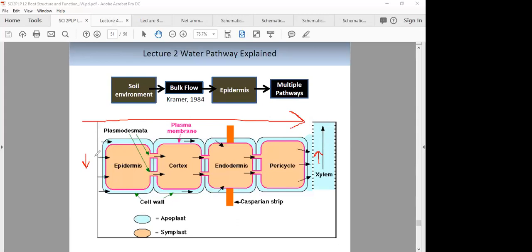All right, so let's look at the different pathways on this slide and on the next slide. What do we mean by this term, the apoplast? What's your understanding of the apoplast, which is shown here in light blue? Anyone familiar with the apoplastic pathway?